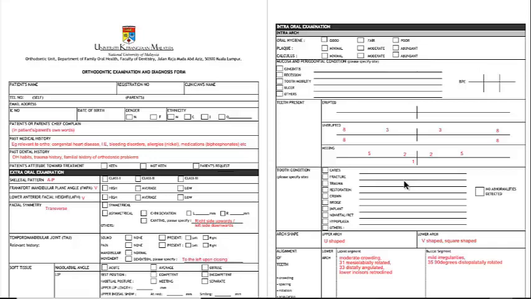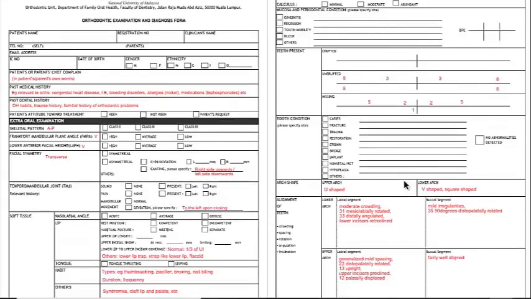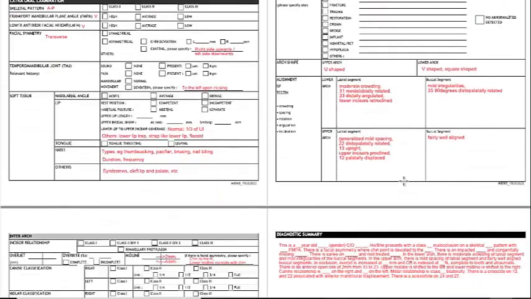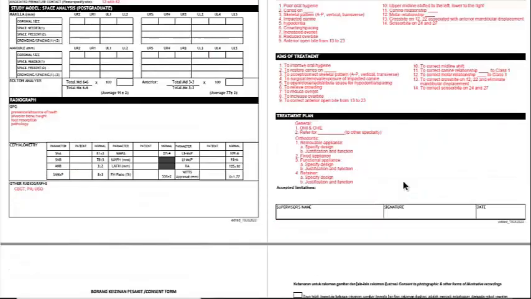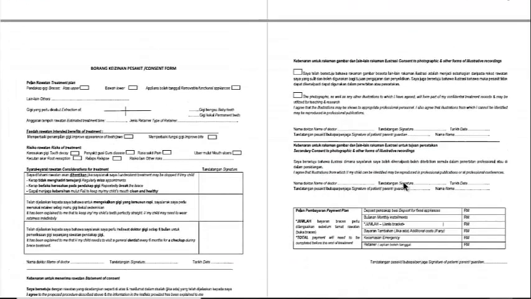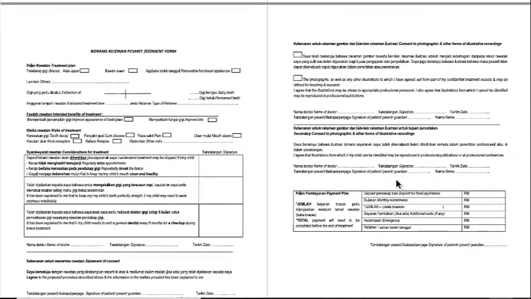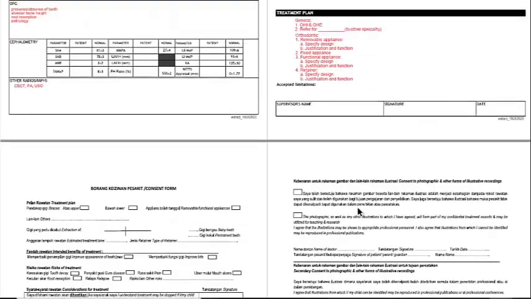So this END form has 4 pages of END clinical record that you have to fill in, and then another 2 pages of consent form that you have to fill in before you can treat any patient.